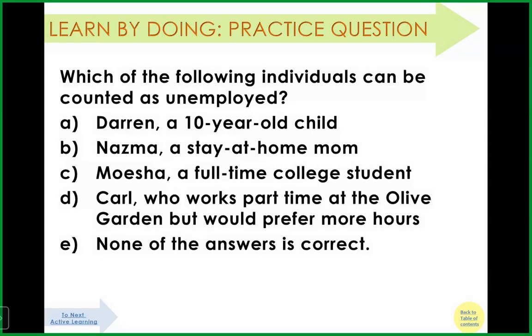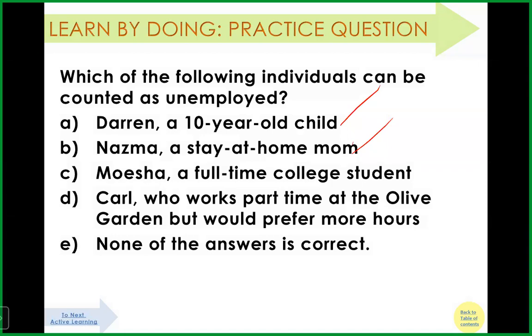Next one. Which of the following individuals can be counted as unemployed? Let's go one by one. A, Darren. No, he's not in the adult population. B, a stay-at-home mom. No, she's not in the labor force. C, full-time college students.